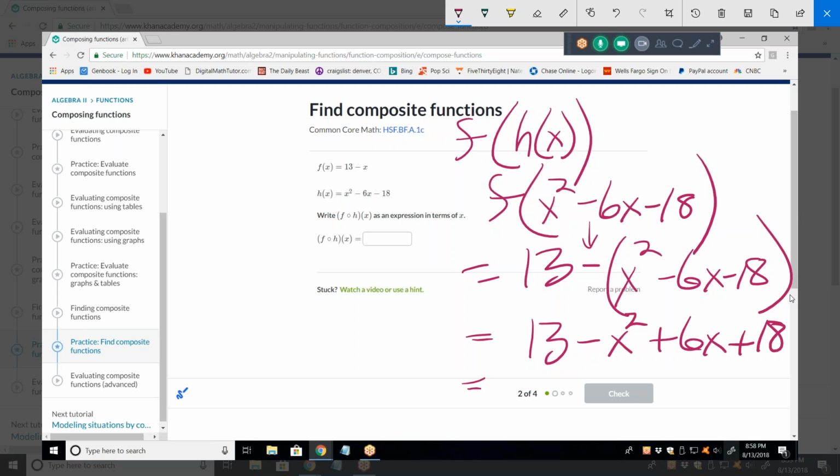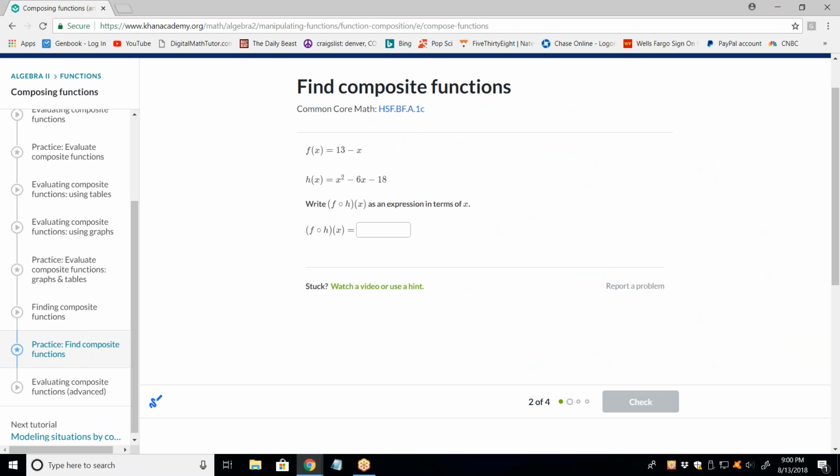Let's see. You could then put it in order. So negative x squared plus 6x plus 31. Negative x squared plus 6x plus 31.